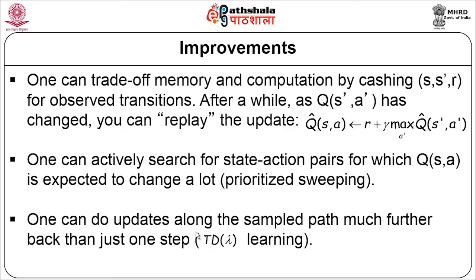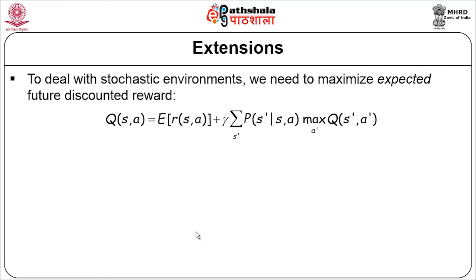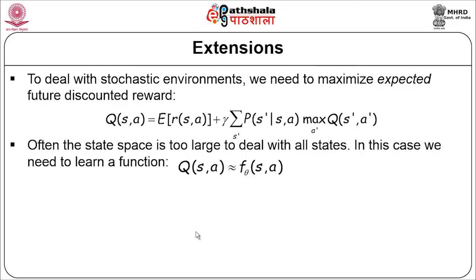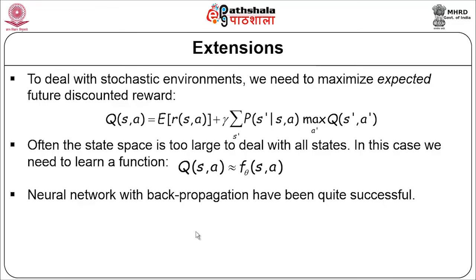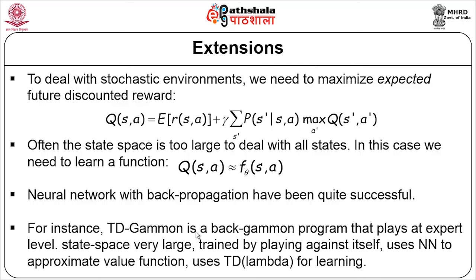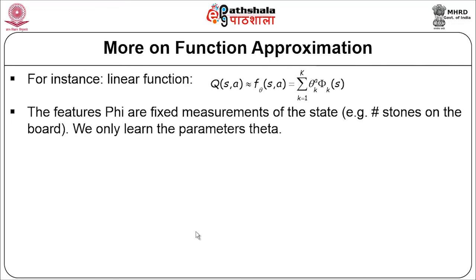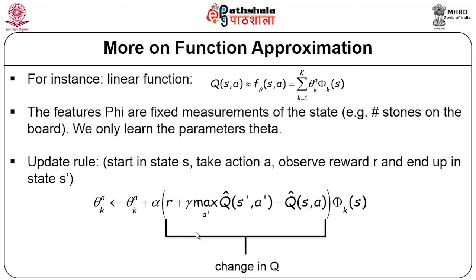You can even do two steps. If you do all the steps, then it is TD learning, or temporal difference. You can do it stochastically, and if the state space is too large, we can learn a function for that. A neural net with backpropagation has been quite successful for this. This is basically function approximation, and the update rule is where you do this update.